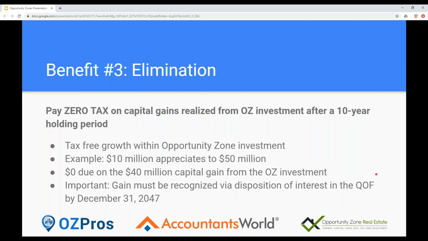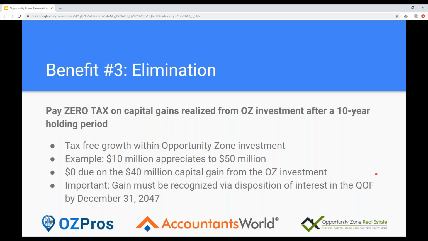But this is really the big tax benefit: the elimination of capital gains on appreciation within the opportunity zones investment. You pay zero tax on the appreciation, assuming that you're able to achieve a holding period of at least 10 years. So for instance, if that $10 million investment appreciates to $50 million, you'd have a $40 million capital gain.